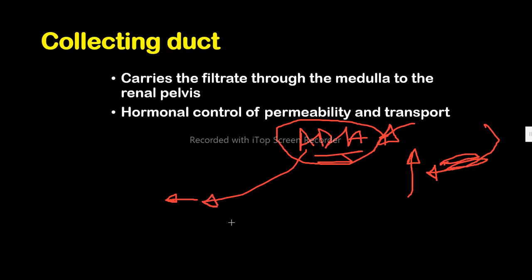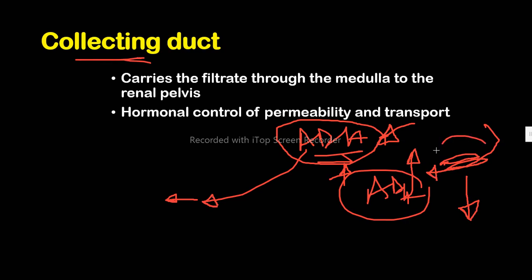But now, in cases where you don't need to conserve water, then you release less ADH, so that the concentration of ADH hormone is going to be low. As a result, there will be a decrease in the permeability of these collecting ducts.